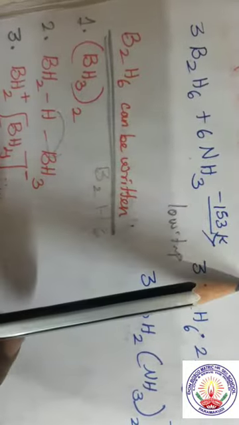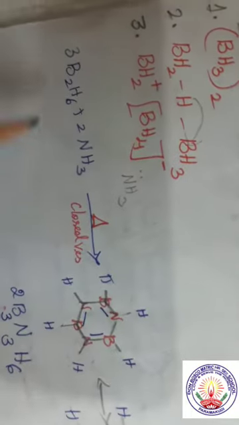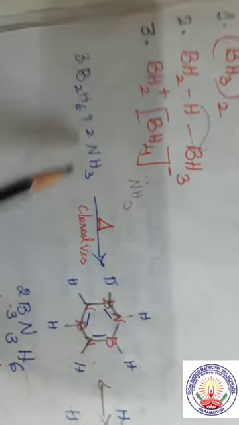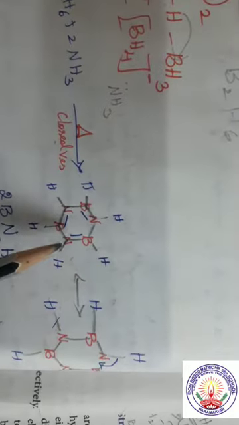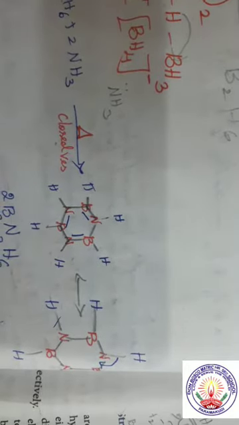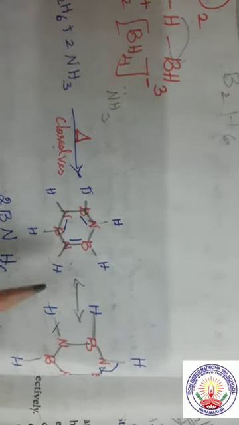The example for borazole, that is when ammonia is heated at high temperature, we are getting borazole. This diborane reacts with ammonia in a closed vessel. So we are getting borazole, that is 2 B3N3H6, twice we are getting.